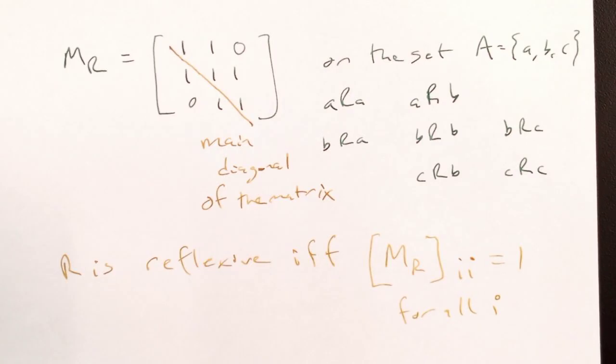So my relation is reflexive if and only if the main diagonal is always a 1. If any of those numbers are a 0, that would tell me, hey, this element isn't related to itself. We're not reflexive. Because reflexive is a universal statement, 1 counterexample, and we're out.